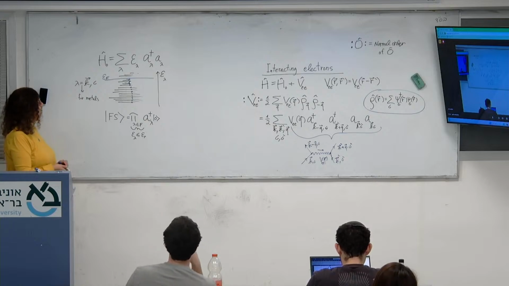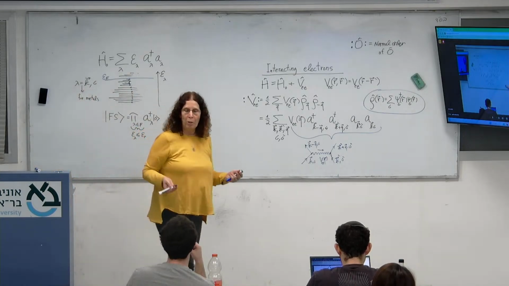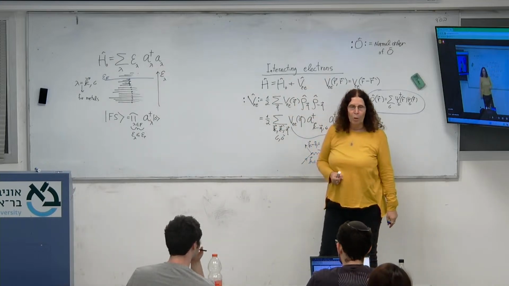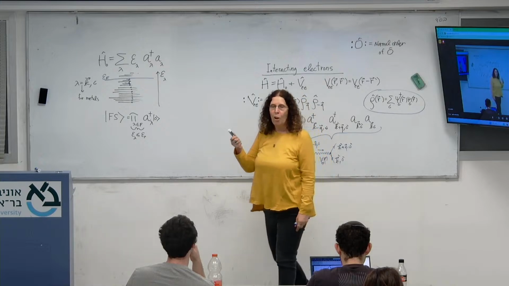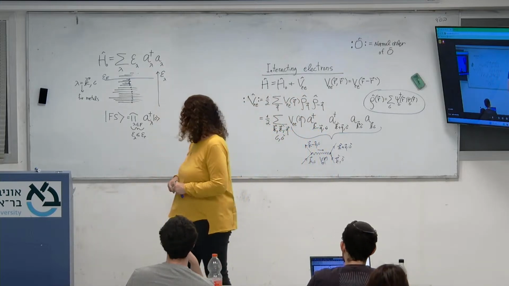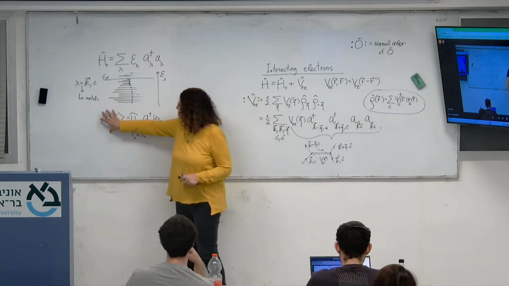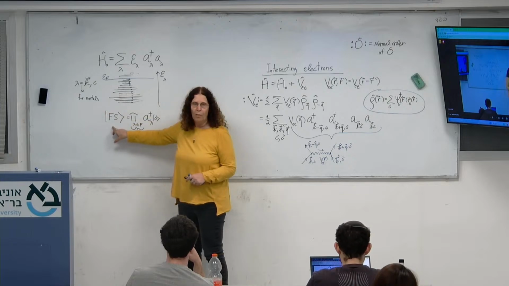And now let's assume that we want to do perturbation theory on V_EE. How do you do perturbation theory? Let's assume that this is the ground state of H naught.